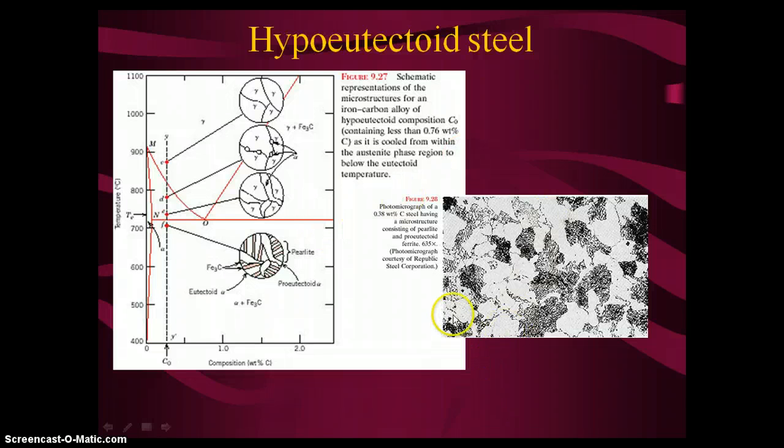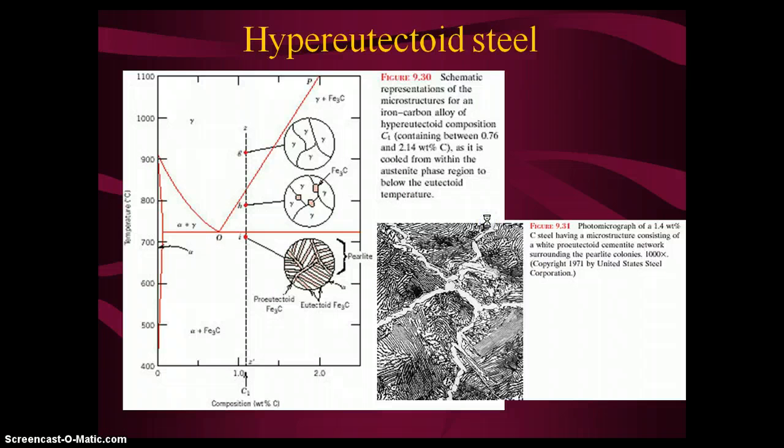This structure is pearlite and pro-eutectoid ferrite, shown in the photomicrograph. This is a schematic representation of hypereutectoid steel, containing a carbon percentage between 0.76 and 2.14 weight percentage.